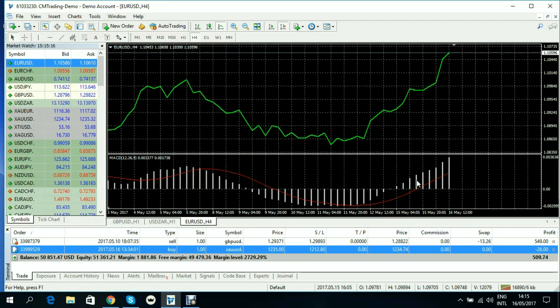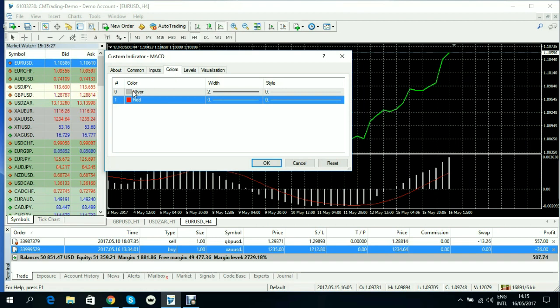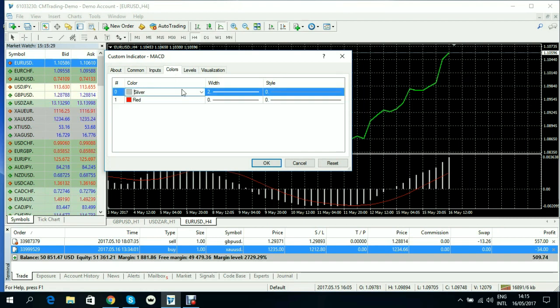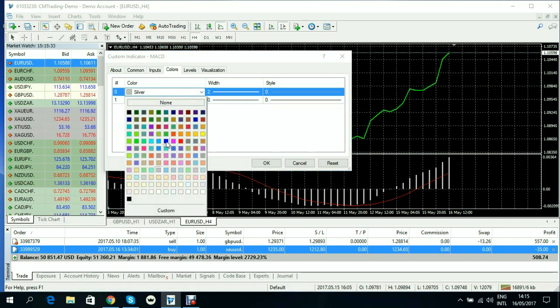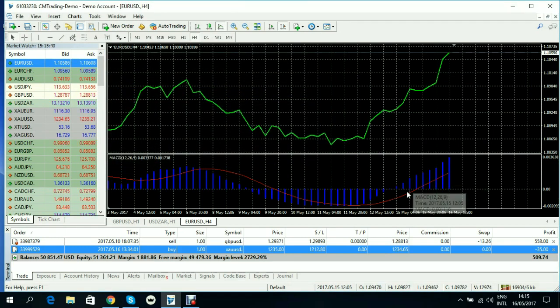Now if you don't like the color, you can double click and it will pop up again, and you go to colors and change it. Let's say you want it blue, you click blue, you click OK, and here you are.